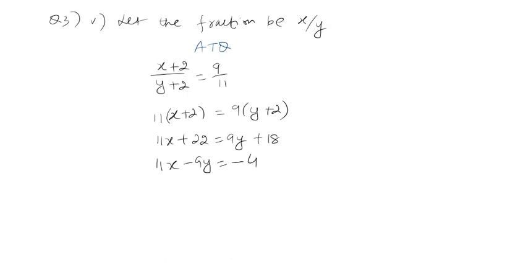Now this one I'll take as equation 1. Then the second equation: if you add 3 to both numerator and denominator, so x plus 3 and y plus 3 will give you 5 upon 6.